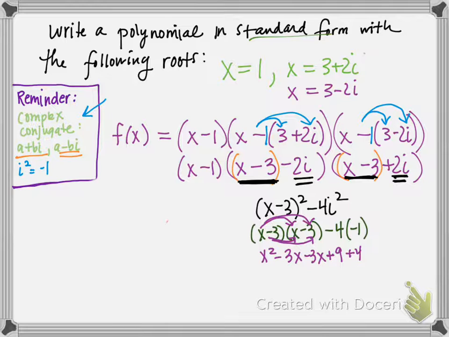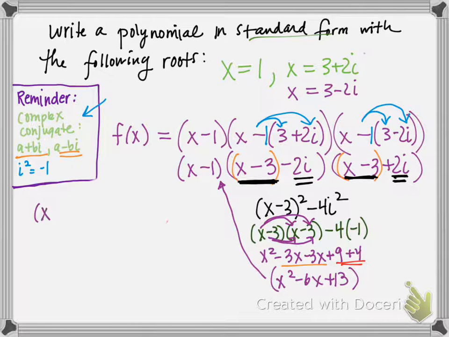So taking a look, I can combine my x's here. -3 minus 3 more is -6, and I can combine 9 plus 4, which is 13. So if I rewrite this, I would have x squared minus 6x plus 13. So that's a trinomial that I still need to multiply the x minus 1 with.